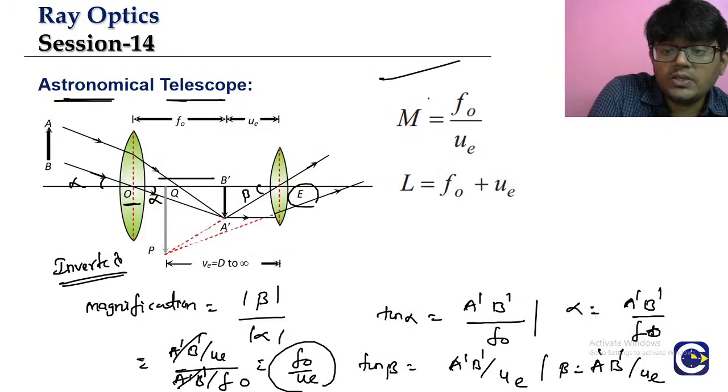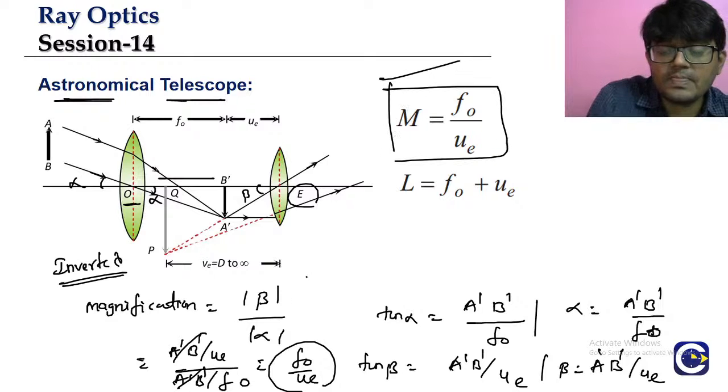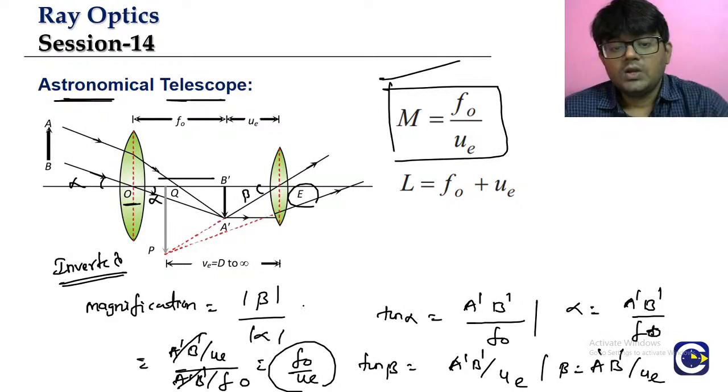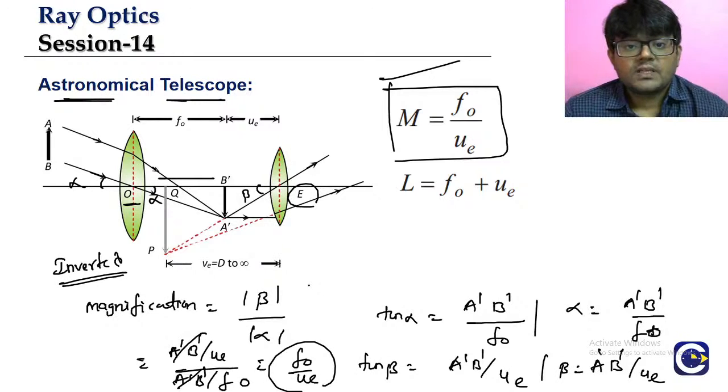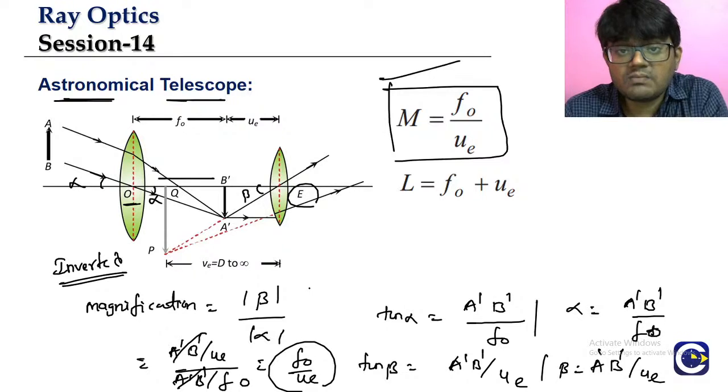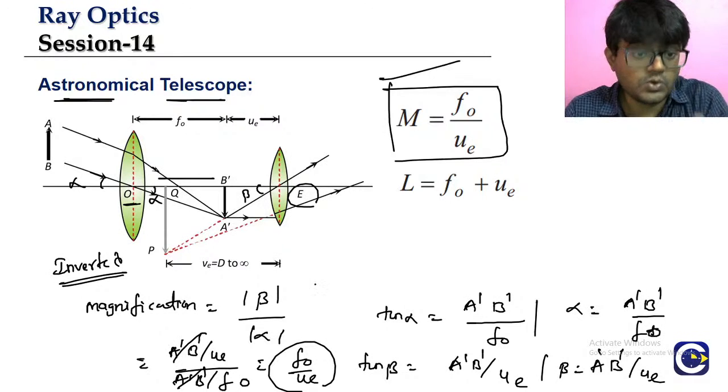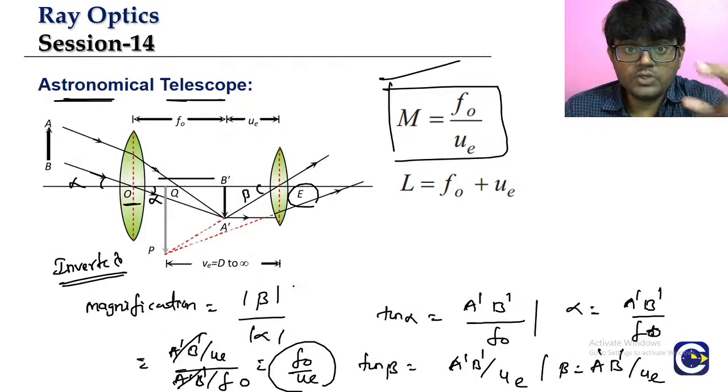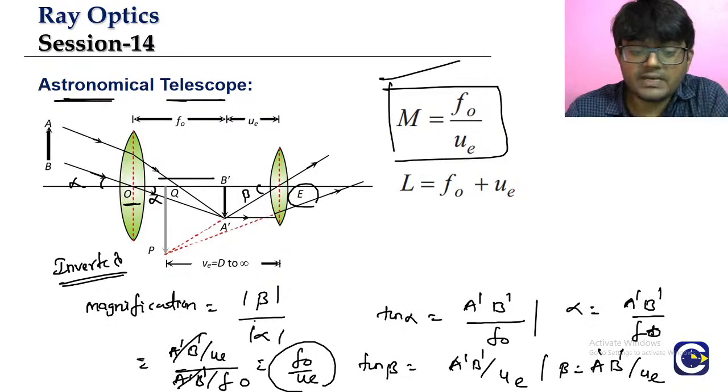So here the original angle is not like our theta naught in case of the normal object which is close to us, because when you have object in our control, we'll say the maximum possible visual angle is when we keep the object at the near point. But here it is not the case.